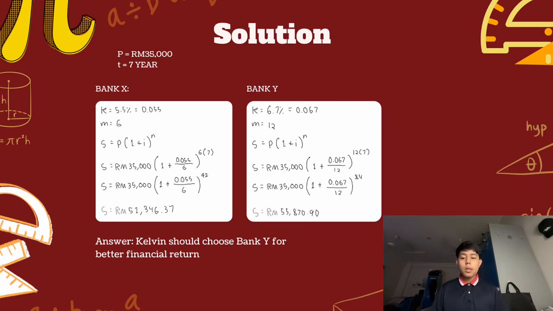The calculation results show that Bank X yields 51,346.37 ringgit, while Bank Y yields 55,817.19 ringgit. In conclusion, Elvin is advised to choose Bank Y as it provides a higher return.